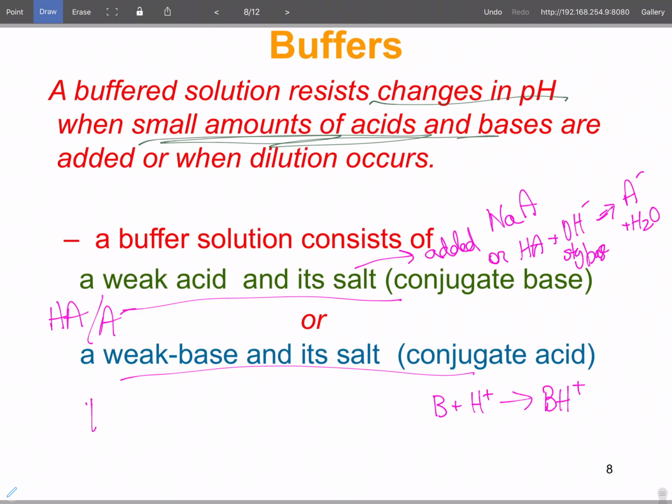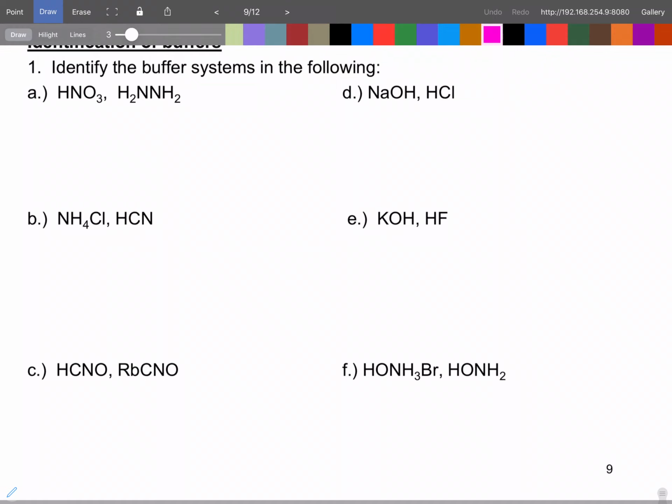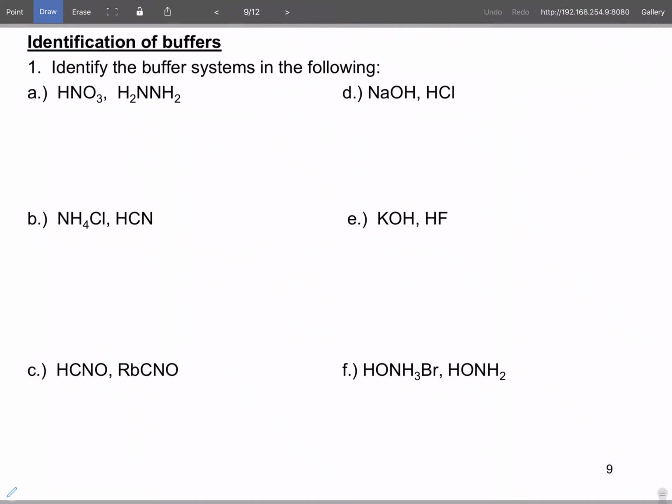Here we need B and BH plus. The weak acid or base is given. The salt can be generated one of two ways. So if we look at these sets, the question is: identify the buffer systems in the following. The easiest thing to do with this is to identify what we have.